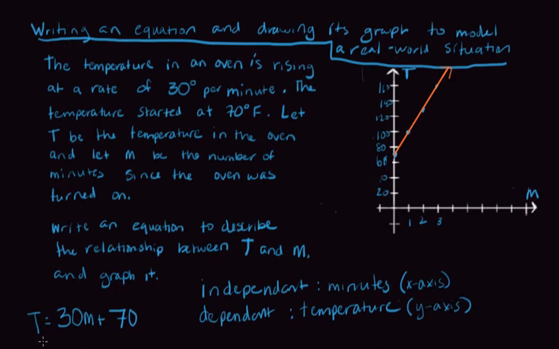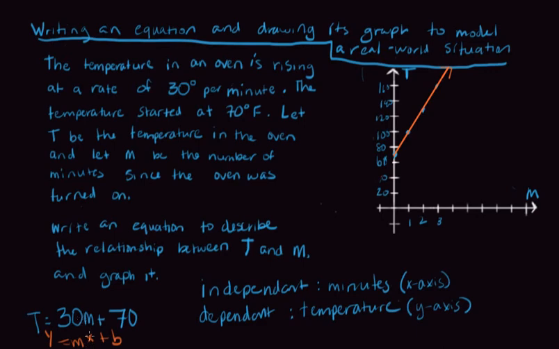And you can see that this is in the y equals mx plus b form. So that should look pretty familiar. Sorry, you're not able to see that. Let me erase that and make it better. So in the y equals mx plus b format, remember that the y is the dependent variable, and in this case, y is T. And then the slope in this case is 30 because every time we go over 1, we go up 30.